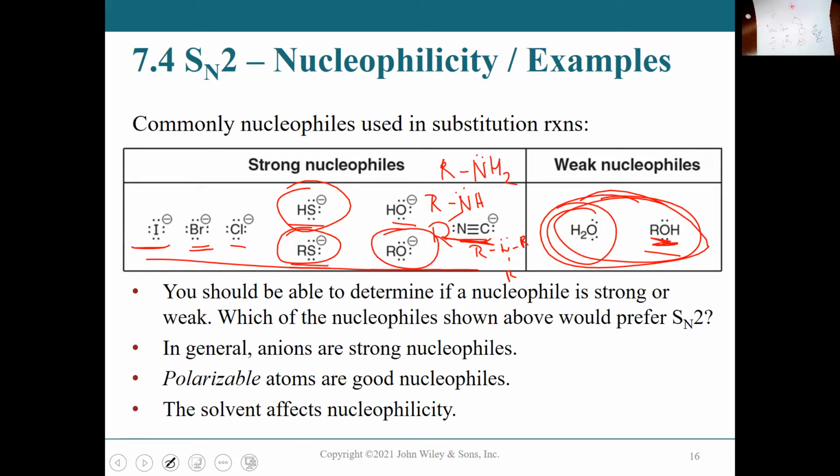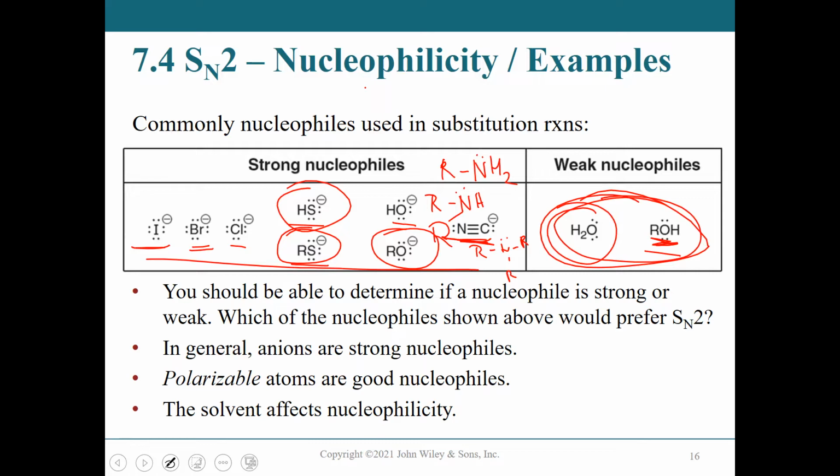That's the alcohol, that's the alkoxide. We use the alkoxide as a strong nucleophile, and the amines, which I mentioned already. You should be able to determine if a nucleophile is strong or weak. But once again, just remember that the only weak nucleophiles are water and alcohol, and anything else can be considered a strong nucleophile.